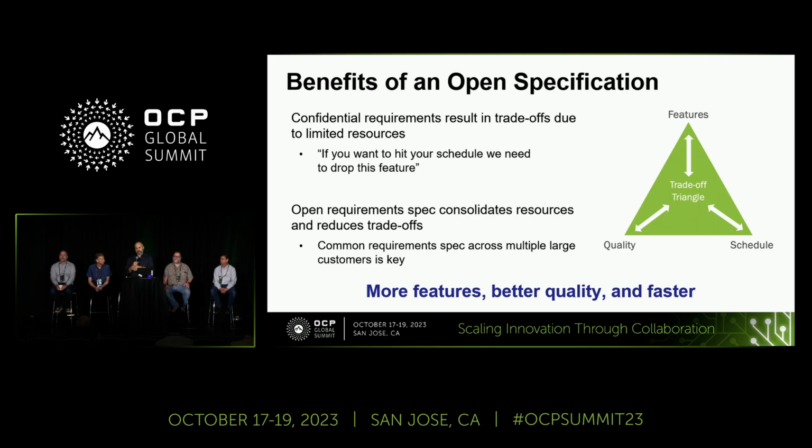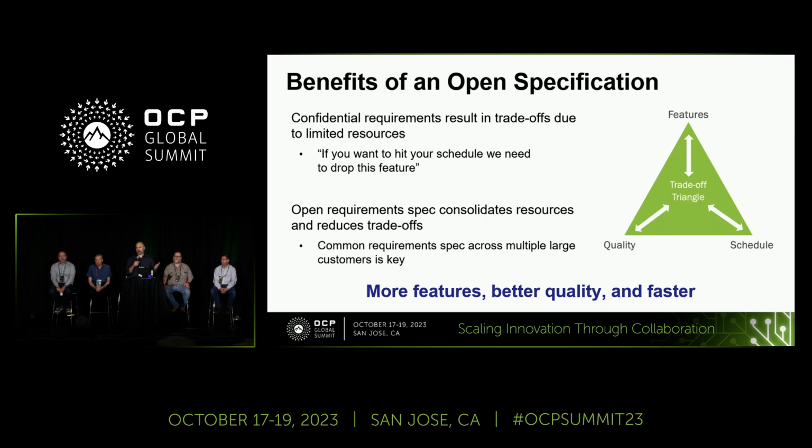So if you look over to the right here, I think everybody's familiar with this trade-off triangle in product development. You've got your features, your quality, and your schedule, and typically you can only have 2 out of those 3. And so going to an open specification really reduces a lot of those trade-offs. So now we have consolidated resources in the industry. They're not developing so many different firmware branches.